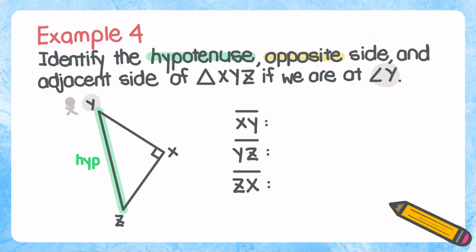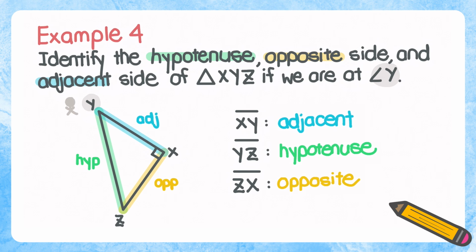Next, let's find our opposite side. We're standing at angle Y, and the side opposite or across from this angle is side ZX. And lastly, the adjacent side is the remaining side, which is right next to us. So side XY is our adjacent side, side YZ is our hypotenuse, and side ZX is our opposite side.